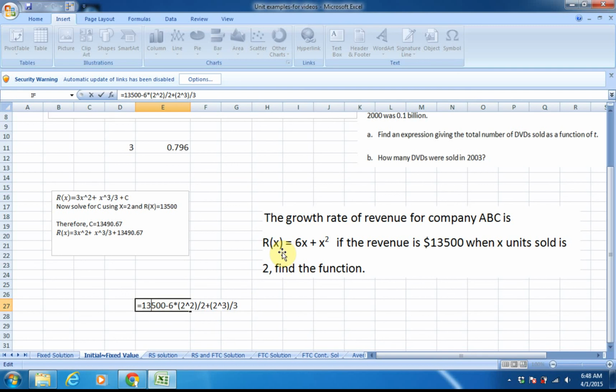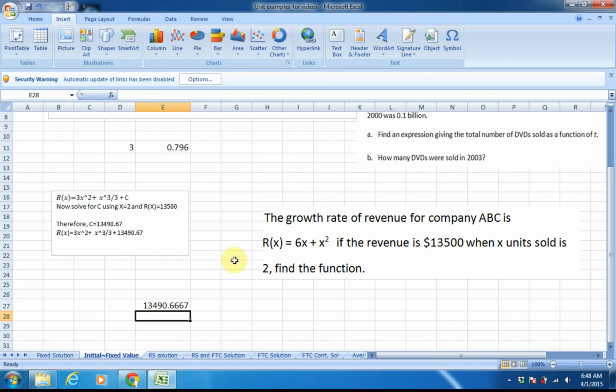So 13,500 minus 6 times x squared, or 2 squared, divided by 2. That's my 3x squared. Don't get confused with that. And then 2 cubed divided by 3. With that said, using that calculation, that's how I would get my function for my revenue.